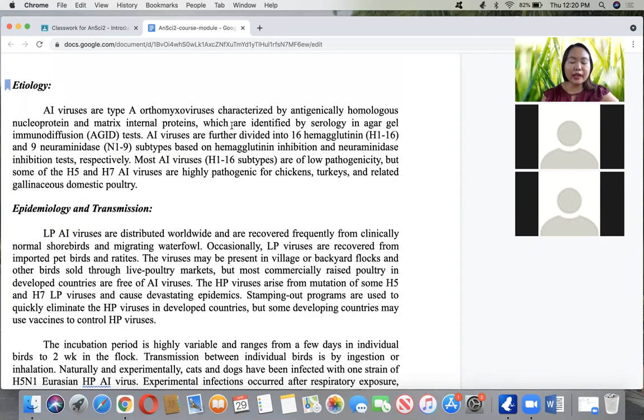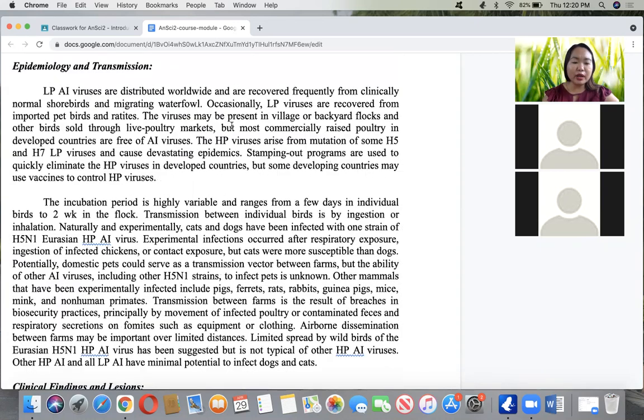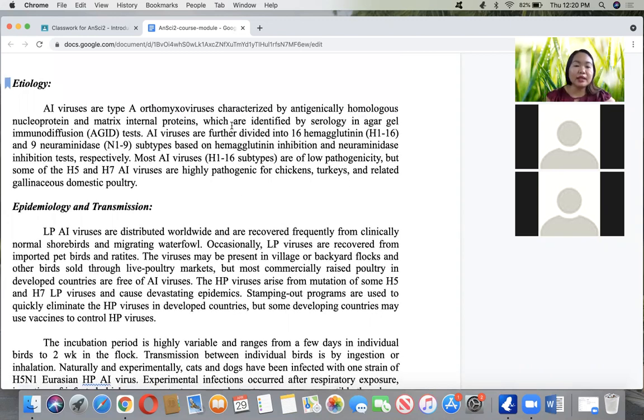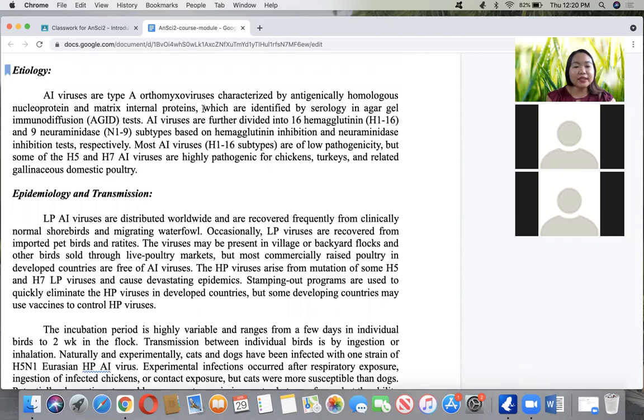So we were talking about diseases, and we are done with bacterial diseases, and we're almost done with viral diseases.